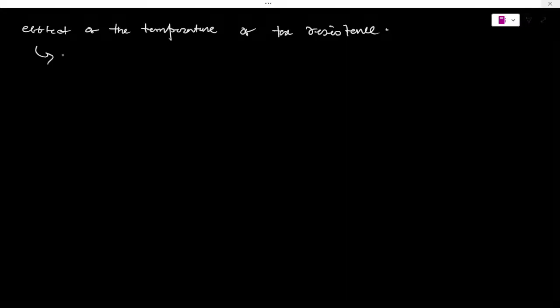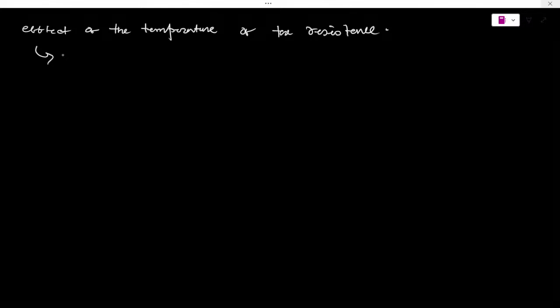For semiconductor and insulator, alpha is negative, and their resistance decreases with the increase in temperature.